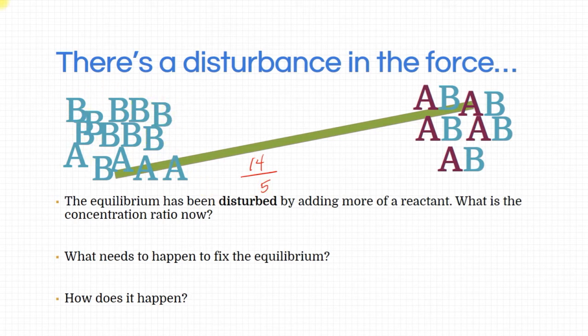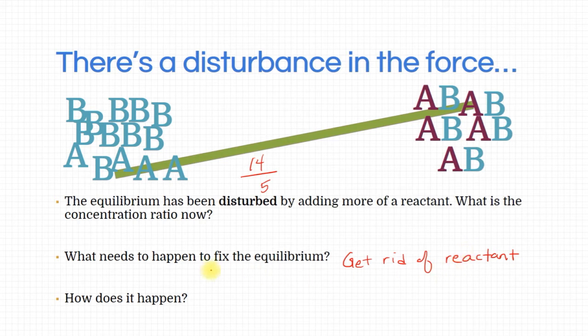The interesting thing about equilibrium is that nature will kind of automatically fix it. In order to fix it, we've got to get rid of or use up some of this reactant. We have too much of it, 14 instead of the 3 that we're supposed to have.